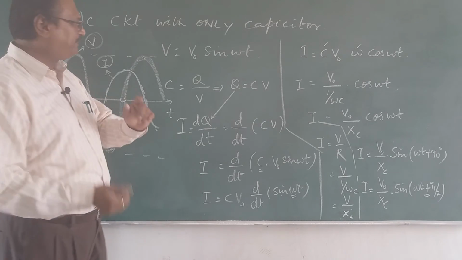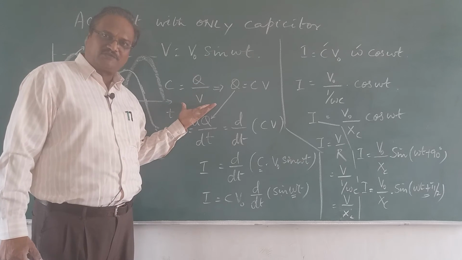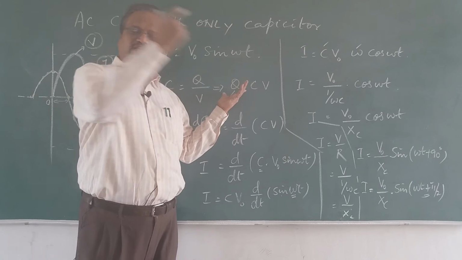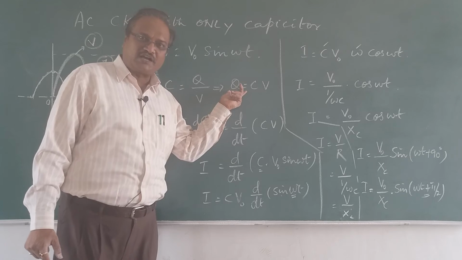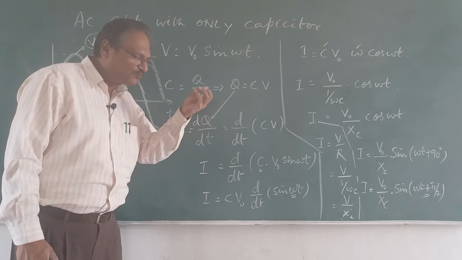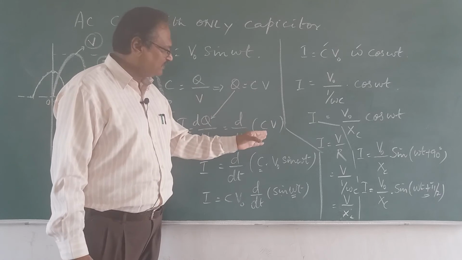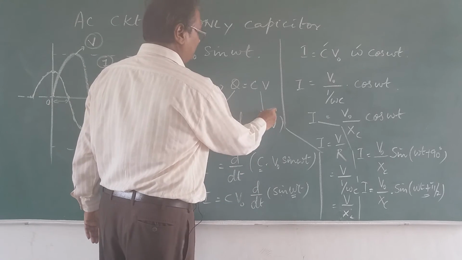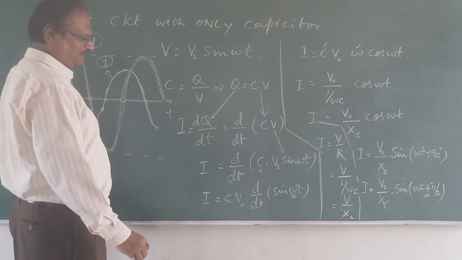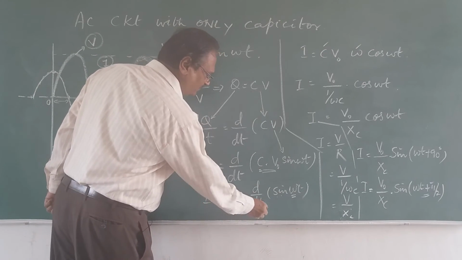So again, let me repeat it a bit. First take the applied voltage, then take the formula of capacitance, and we want a relation between current and potential difference. Express the charge in terms of current. So current is equal to charge upon time, and for a small change, I = dq/dt. So d by dt of q, and I have substituted the value of q in terms of C, that is CV, and again I have substituted for V = V naught sin omega t, and these two being constant I have taken them out, and sin omega t I have to differentiate.